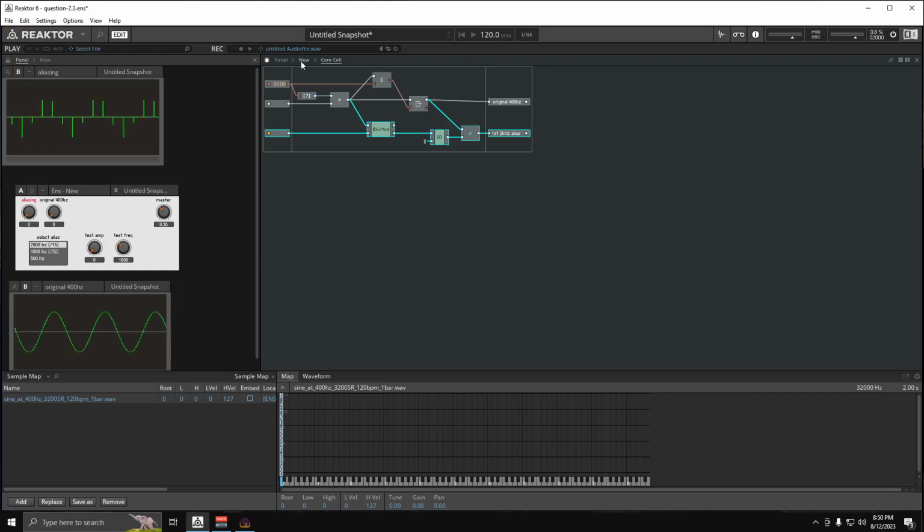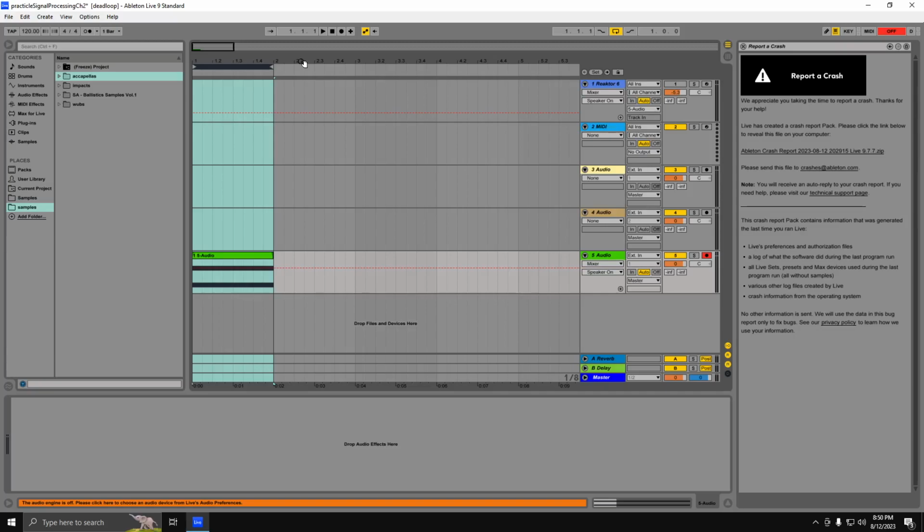Another question in chapter 2 talks about making a 400 hertz sine wave sampled at 3200 kilohertz and trying to play it back, but zeroing out some of the samples so that we can reduce the sample rate by 2 kilohertz, so 2000 hertz.